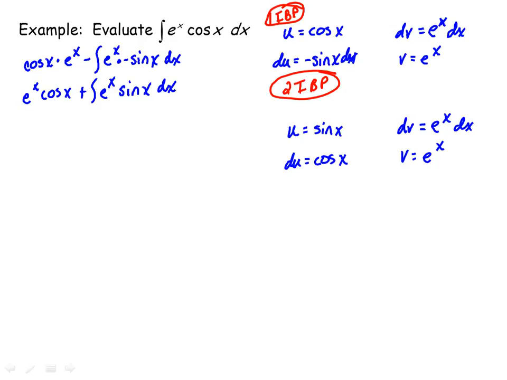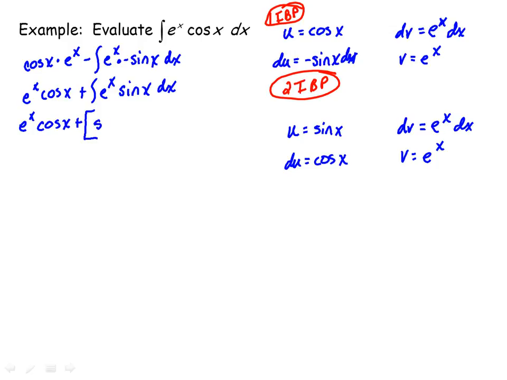Exactly. You're back to where you started from. Watch this. We're not going to change the u times v. So you're still going to have e to the x cosine x plus, you're going to do your integration by parts one more time right here.